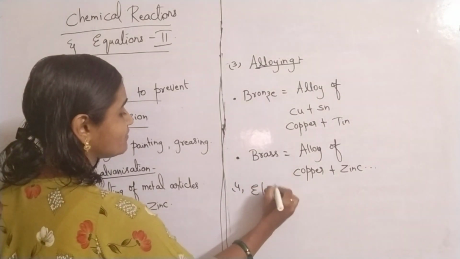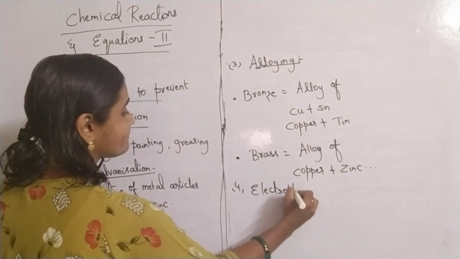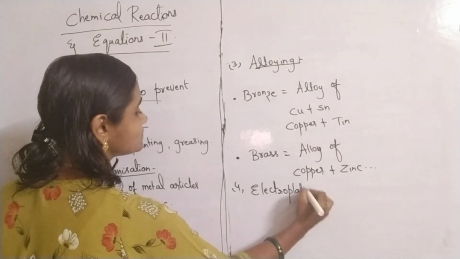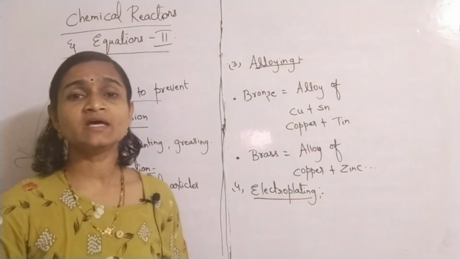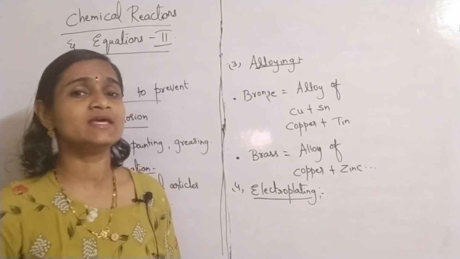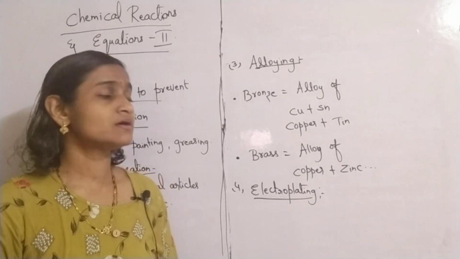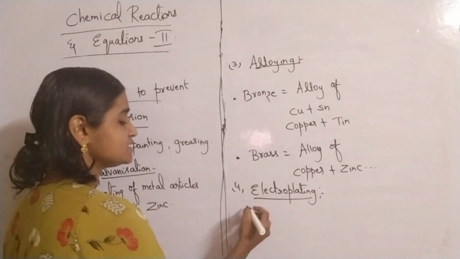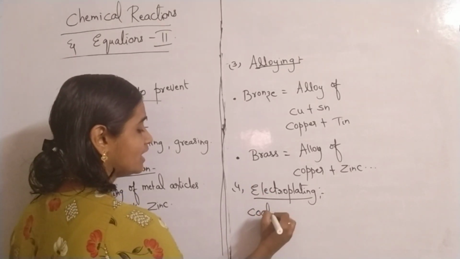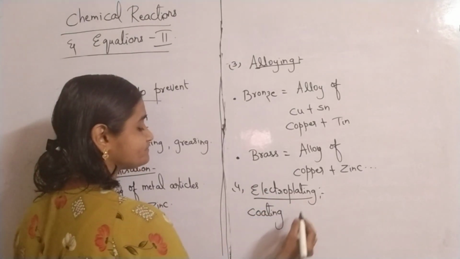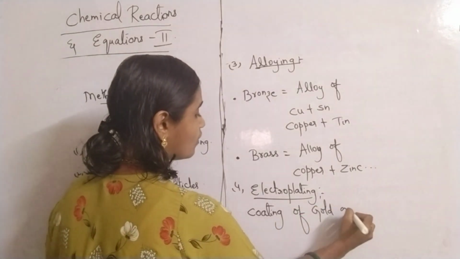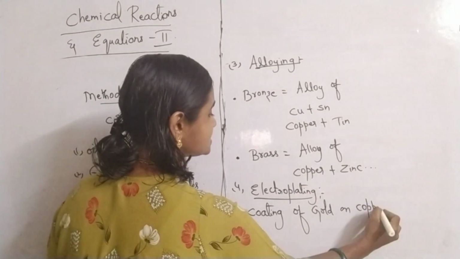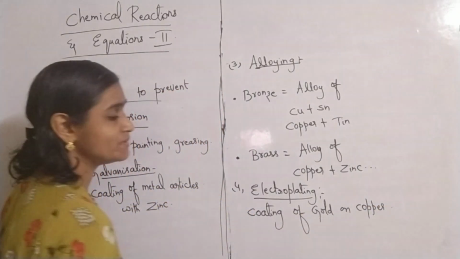And finally you have electroplating. Electroplating means coating of a superior metal over an inferior metal. For example, coating of gold on copper. Copper is a cheap metal, gold is a costly metal.